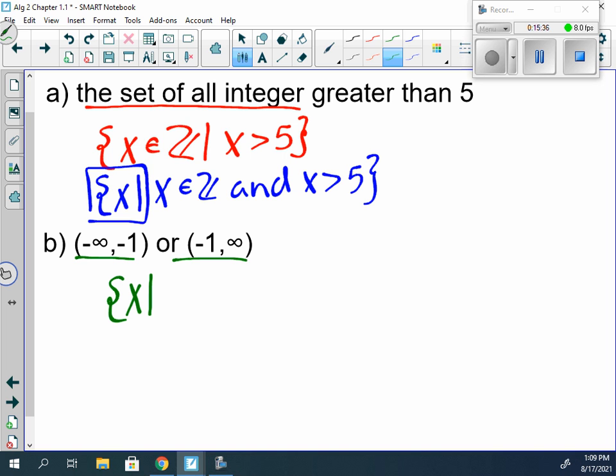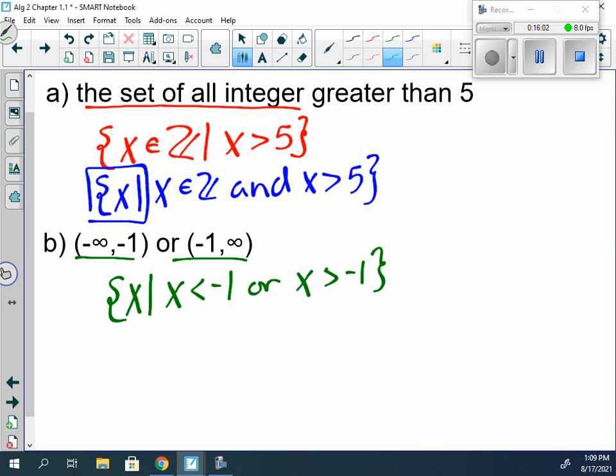So that's what that part is. So we can say x is less than -1. Or, what else? Greater than -1. But where's our infinity?